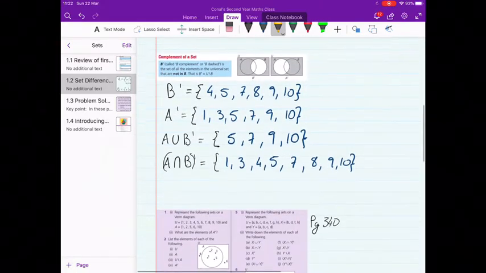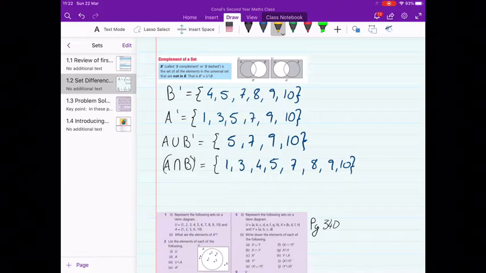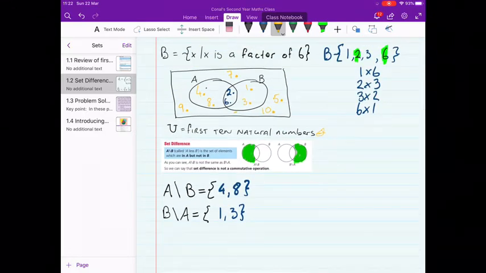Then we had the complement of a set. The complement of a set, called B complement or B dash, is the set of all the elements in the universal set that are not in B. So B dash means the universe without B. If we look up at our diagram here, B dash means every single element that's not in B. So the ones that are going to be excluded are 1, 3, 2, and 6.